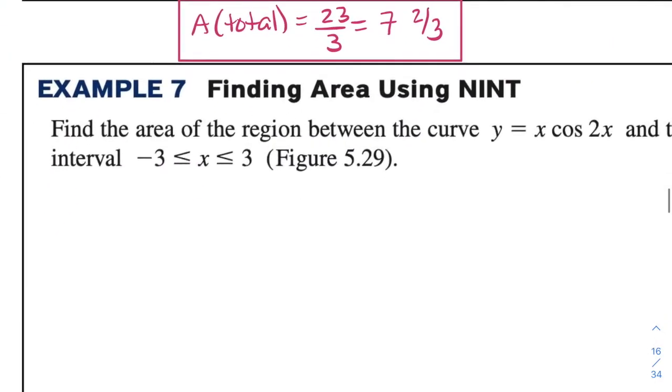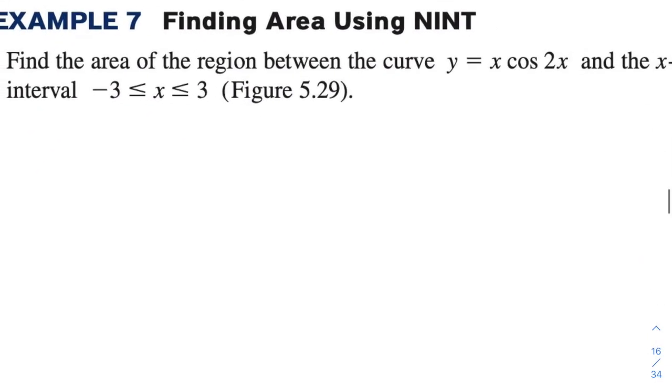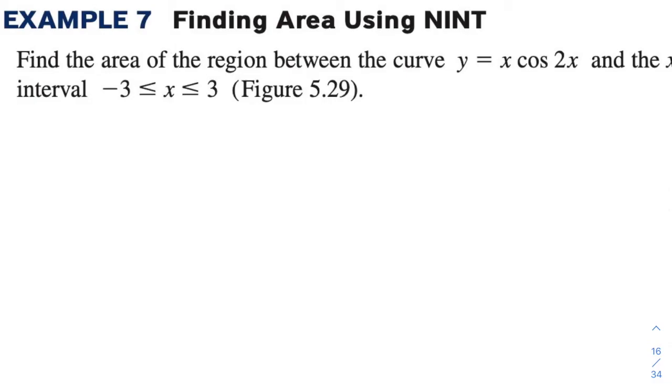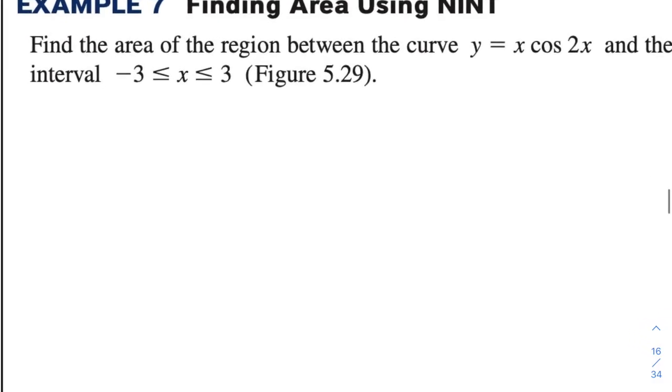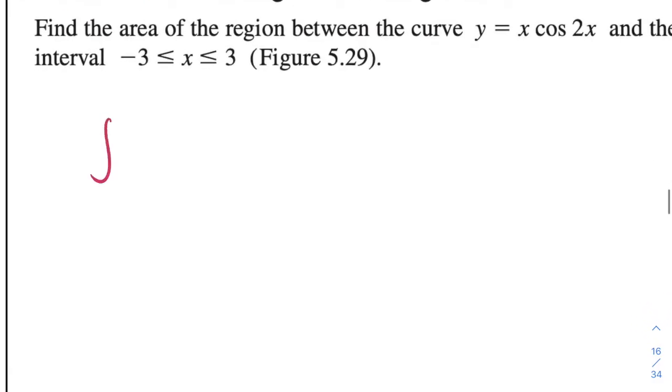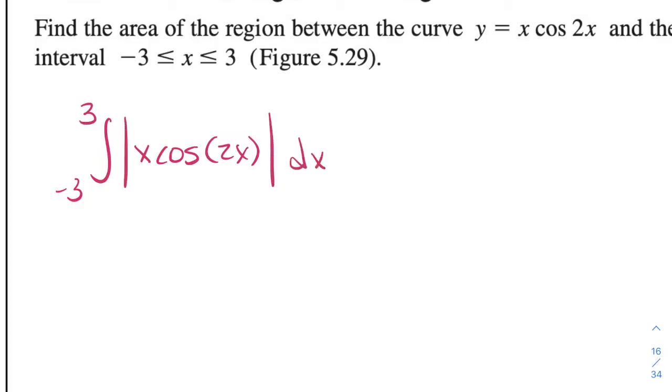So our last example, I'll do this one in our calculator. I'm going to set it up like this. -3 to 3 of x cosine of 2x, absolute value, dx.